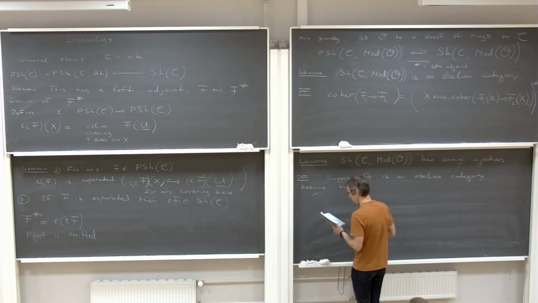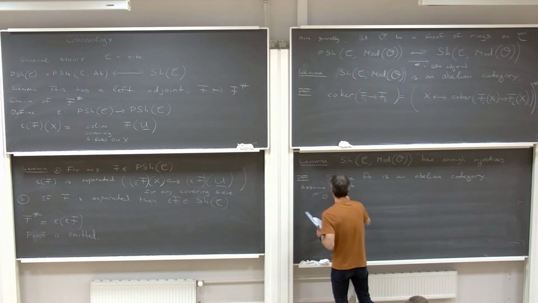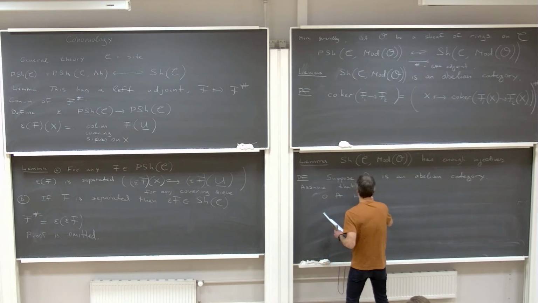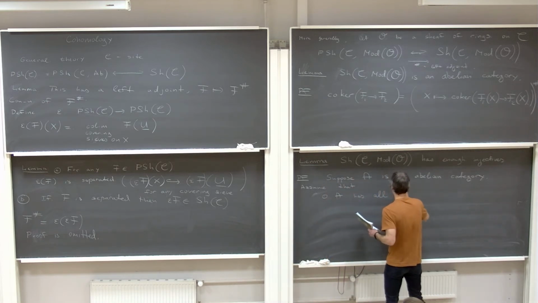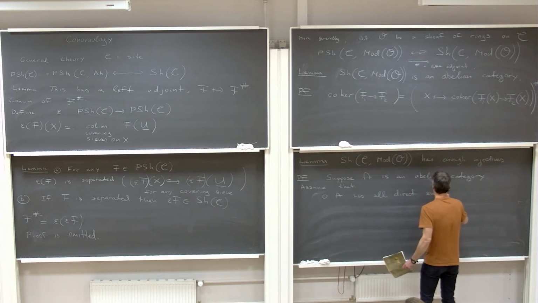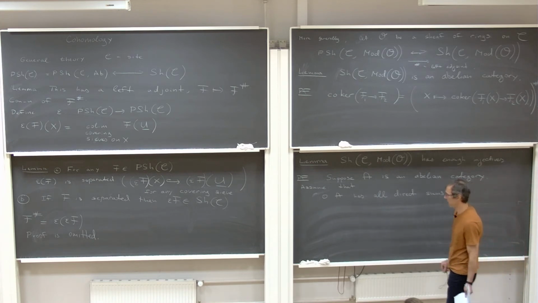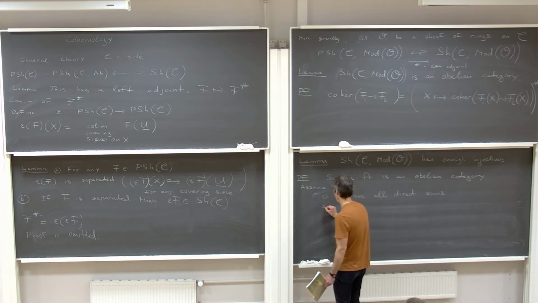First of all, assume that A has all direct sums, infinite direct sums.